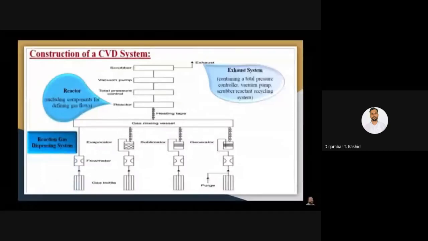It is a totally automatic process. Not only that, we can control the percentage of the mixing of the gases, and we can agitate that gas also. So it is just like the head of the family.